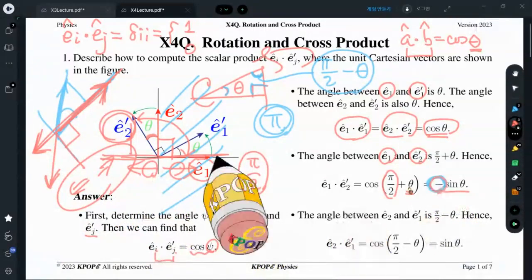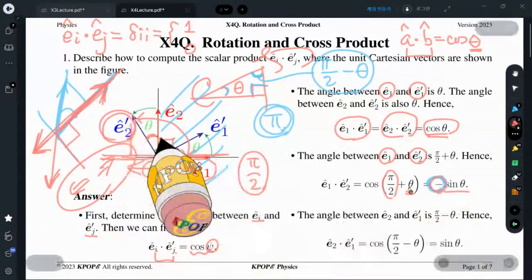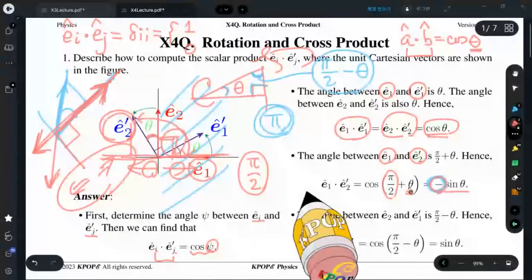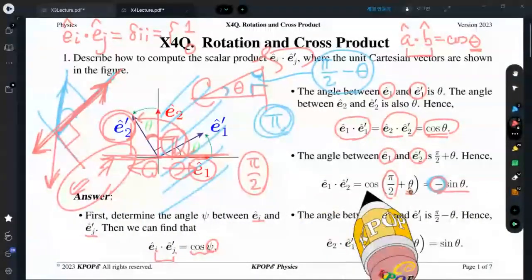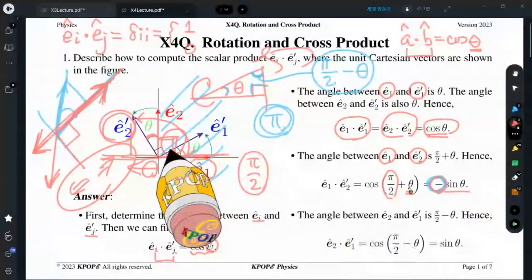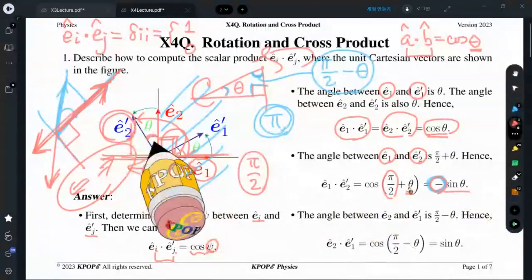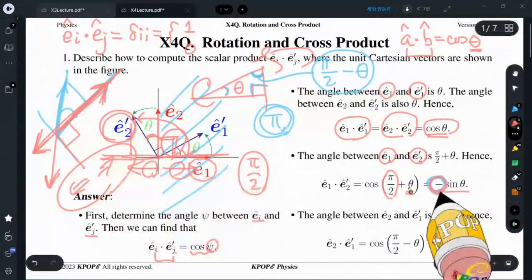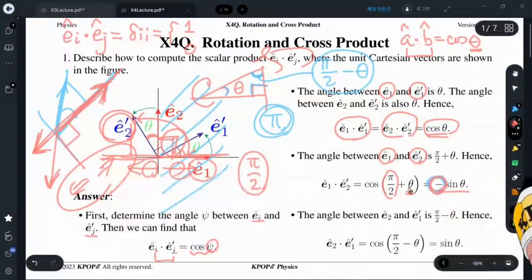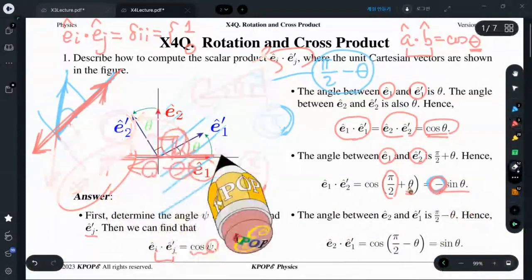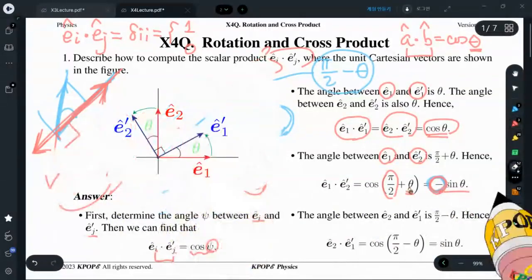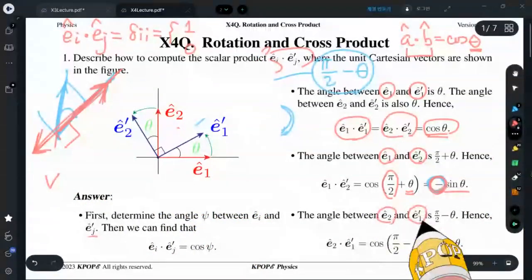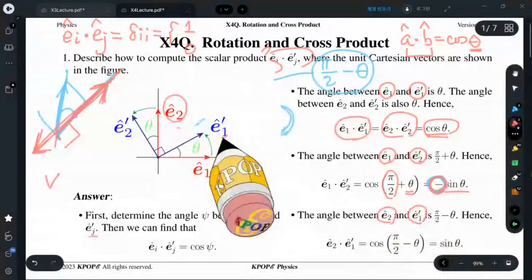Therefore, for e1 and e2 prime, we have a right angle, so we have to replace the cosine with sine, and in this case they have opposite parallel component, so we have a negative sign on it. Easy to remember. And then next we study e2 and e1 prime. e2 is here, e1 prime is here.